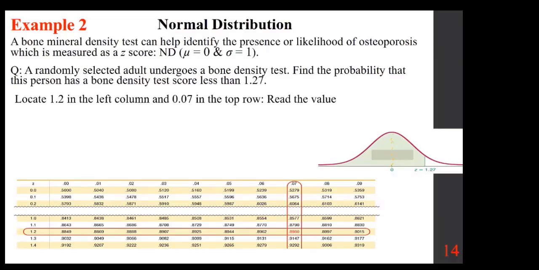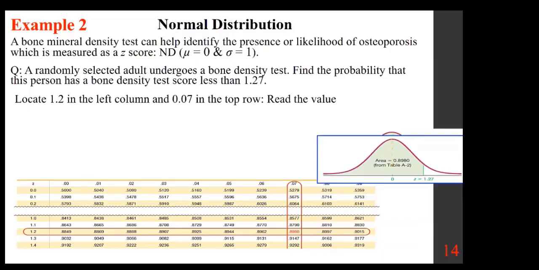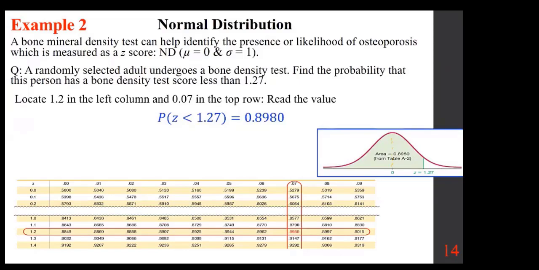So we want 1.27. How do we locate that? The left column gives us 1.2. The top row gives us 0.07. And the two result in the answer 0.8980. This is reading the table.